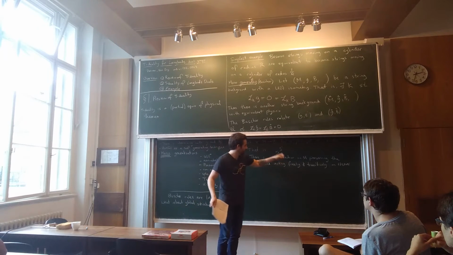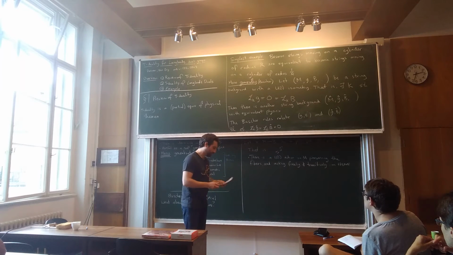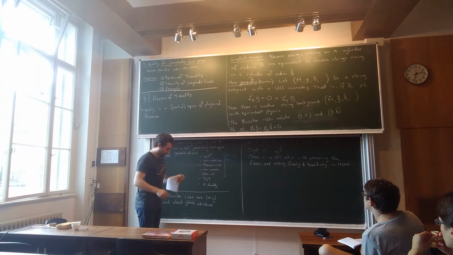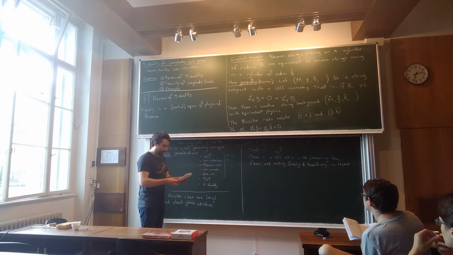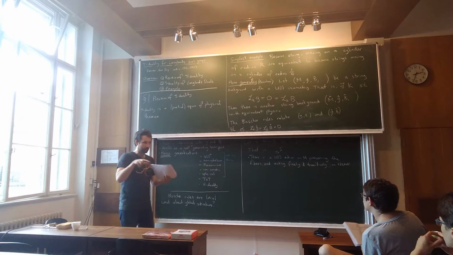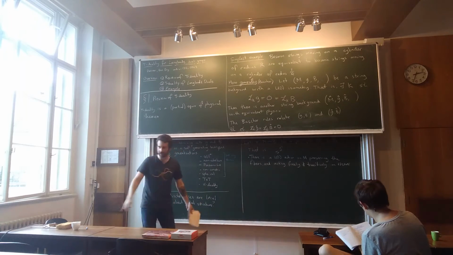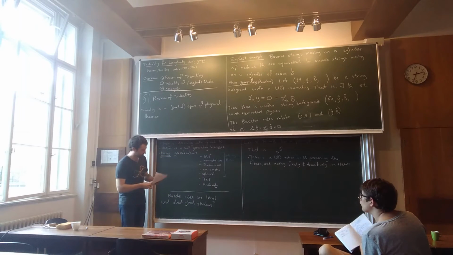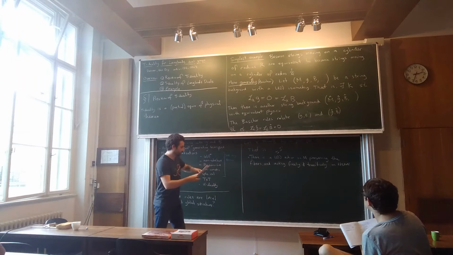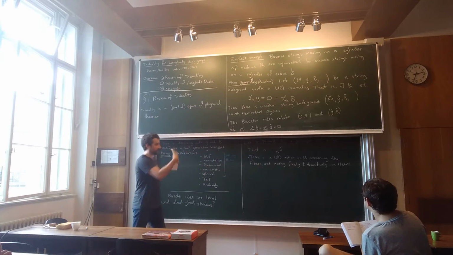Okay, so free action means there's no fixed points, and transitively means, well, if I've got one point, I can get to any other point on the fiber by applying a suitable group element. For each x, y in a fiber, there exists a g such that y equals gx. Yes, exactly. And what this means is that the orbits of G are precisely the fibers of this fiber bundle.